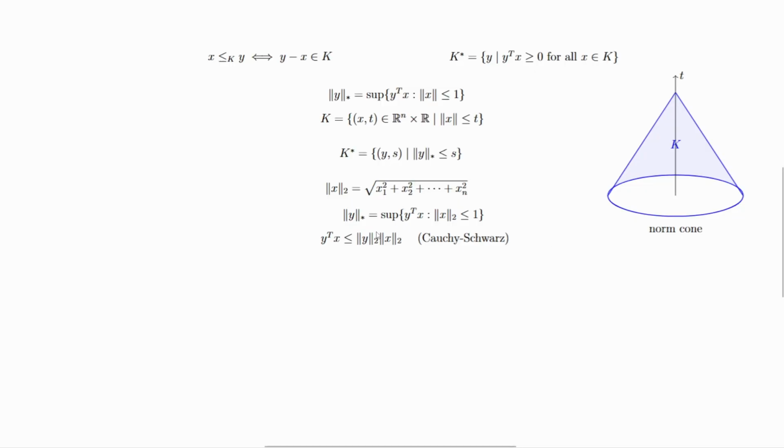But when the norm of x is less than or equal to 1, that gives us y transpose x is less than or equal to just the norm of y. So the supremum, or if you want to think about it as the maximum, is achieved when x points in the same direction as y. So specifically when x is equal to y over the norm of y.